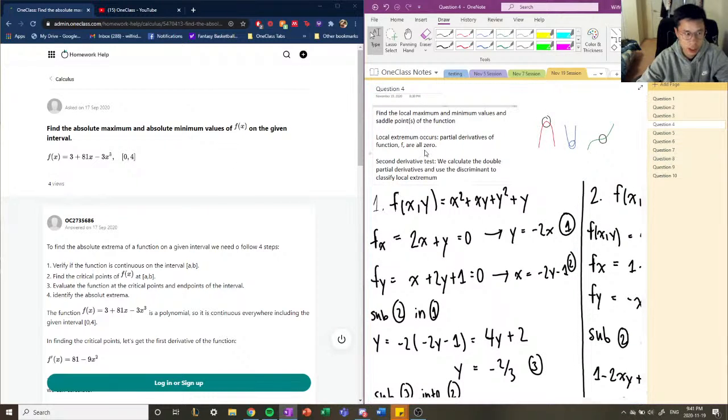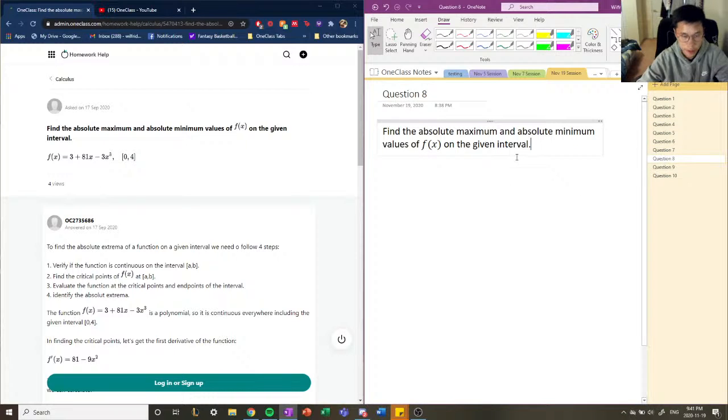The difference between question number 4 and question number 8 is that we're finding the absolute maximum and absolute minimum of a single variable function. And the reason we can find the absolute maximum and absolute minimum is because we're given an interval, all right? In multivariable functions, if we're given an interval, there may possibly be an absolute maximum or absolute minimum within a given interval, okay?